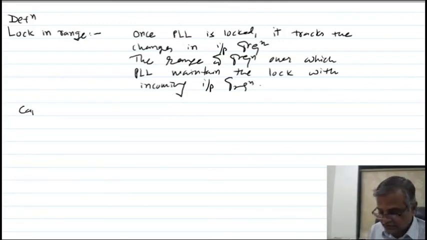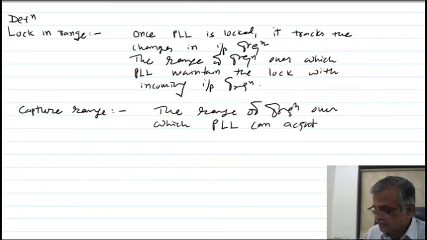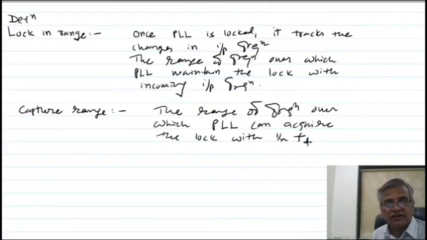The second definition is capture range. The range of frequency over which the PLL can acquire the lock with the incoming input frequency signal FS is called the capture range.